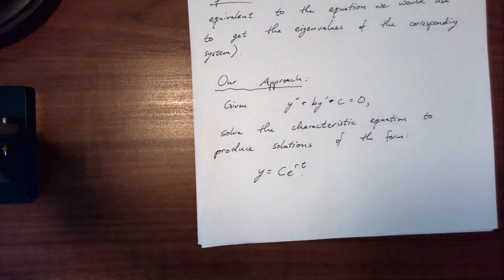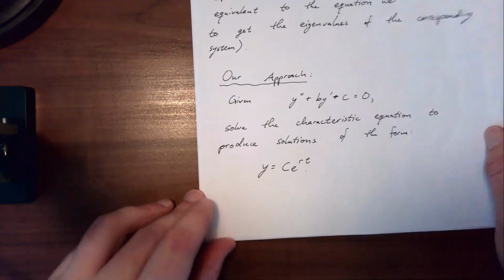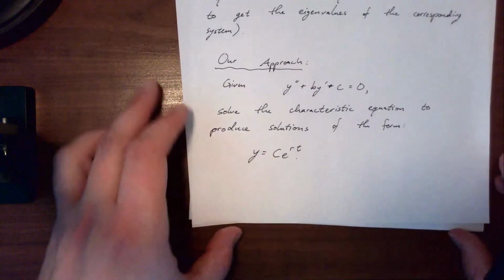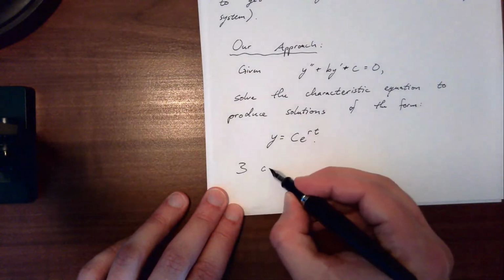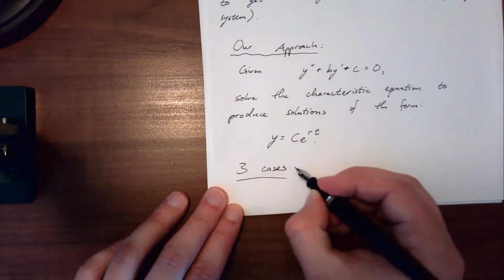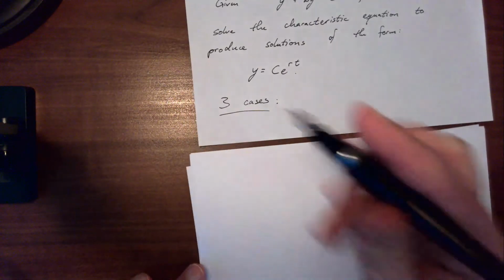And then depending on the circumstances, we have several different ways that this can be elaborated upon. So the different possibilities. So 3 different cases. And these are the 3 cases that correspond to the situation with eigenvalues and such. So 1.